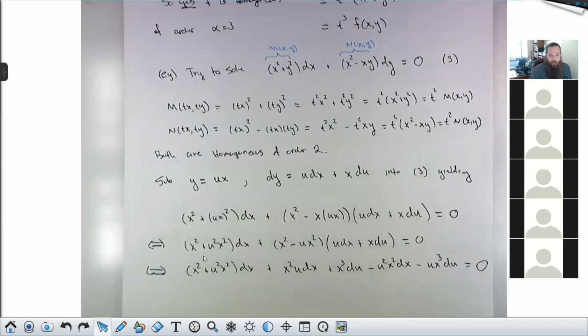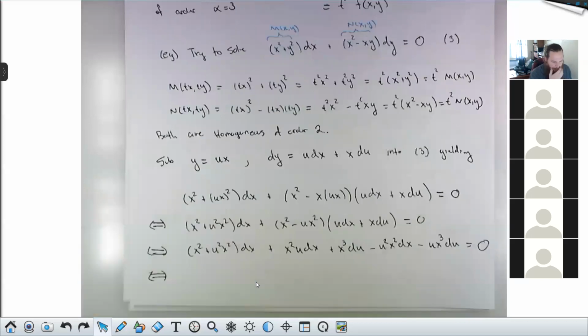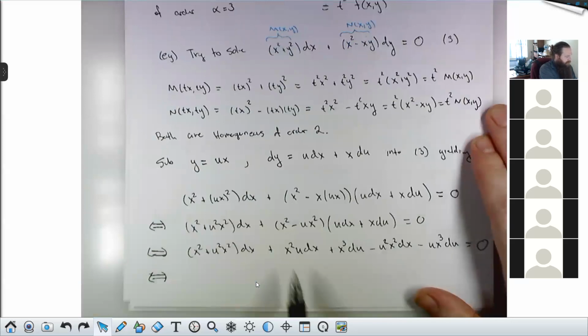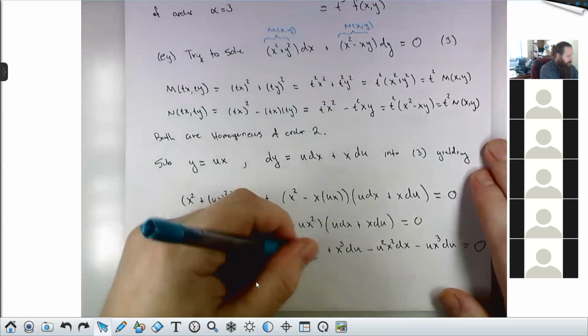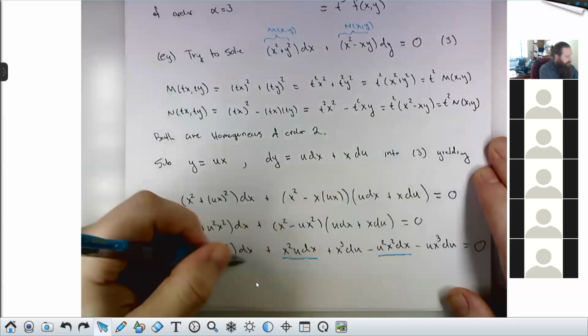All right. Now we've got to collect all the like terms. So anything that has a dx, I'm going to put together. Anything that has a du, I'm going to put together. Of course, I've got a bunch of dx terms over here. So what do I get with dx's? I've got x squared u, x squared u minus u squared x squared. And of course, all of this stuff.